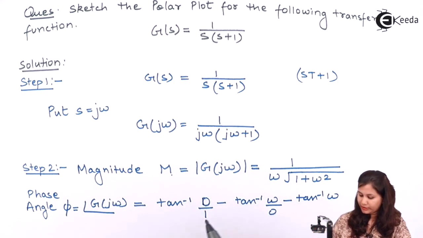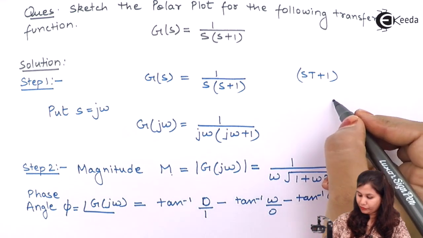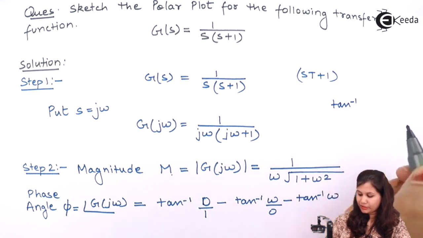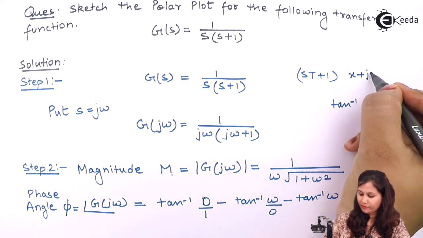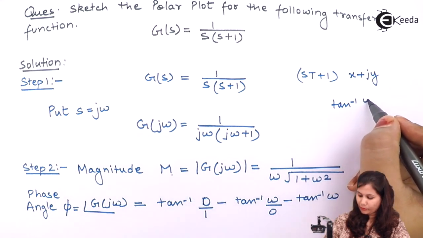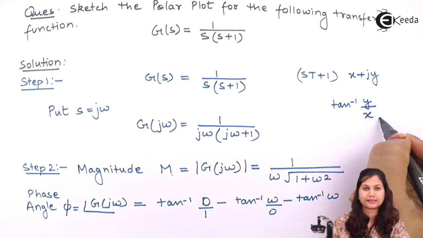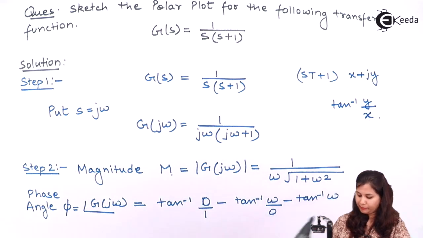Okay, because whenever we take the tan inverse of a complex number x plus j y, it will be tan inverse of y by x, that is, imaginary part upon the real part.